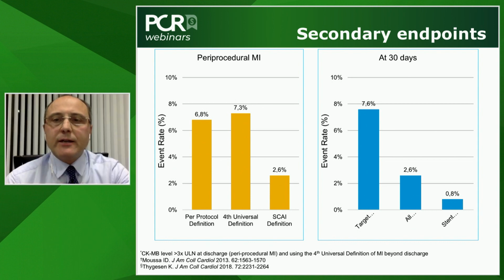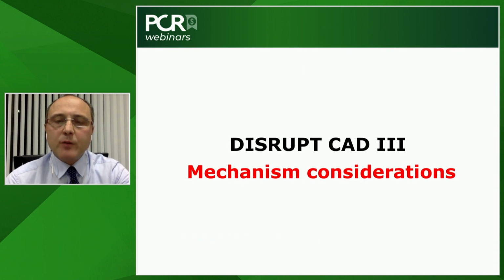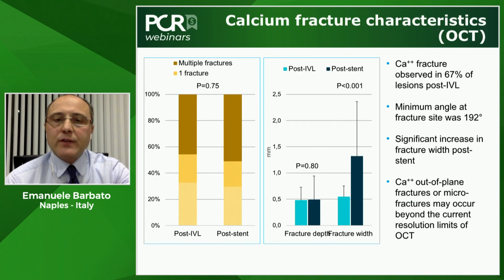Thank you, Benjamin. We also have a sub-study performed in 100 patients included in the DISRUPT CAD III, providing interesting consideration on the mechanism of action of intravascular lithotripsy. In the next slide, on the issue of calcium fracture, going from left to right, calcium fracture was observed in two thirds of the cases after intravascular lithotripsy.